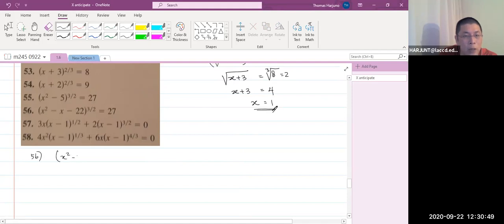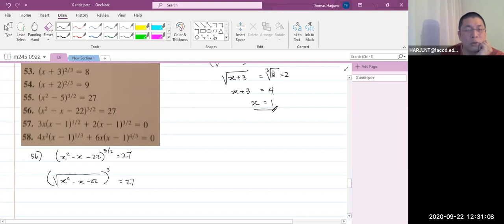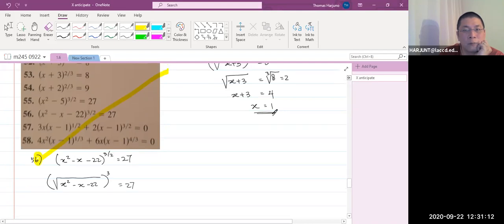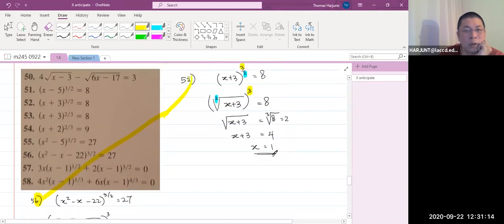x squared minus x minus 22 to the power of 3 halves equals 27. That is the cube of the square root of x squared minus x minus 22 equals 27. So you see this is very similar to what we have here.